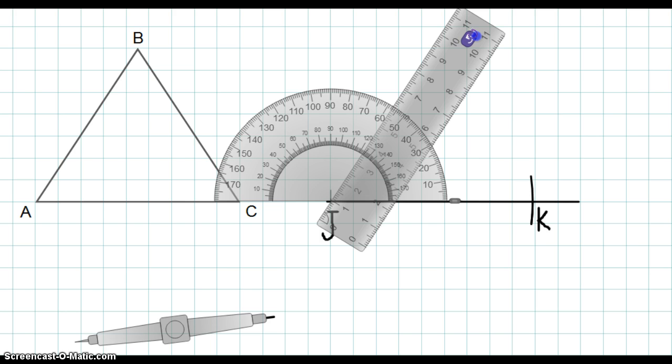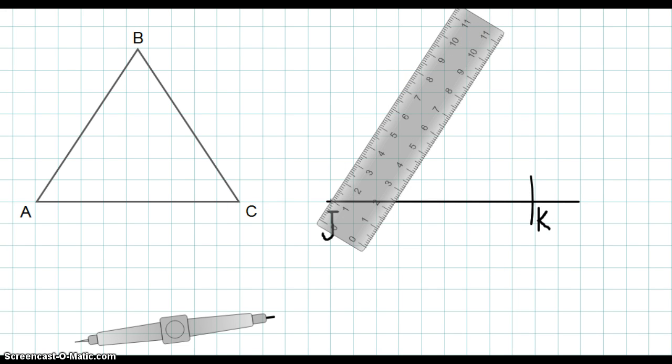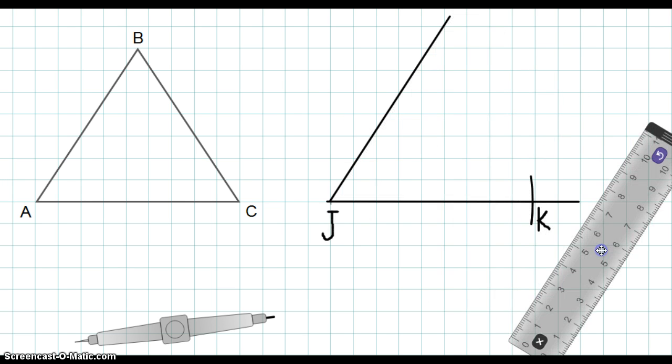So 63 degrees is right there. Okay, now let me try that again. So I'm going to draw a line, and I think this time it looks better. Yep. So now angle J is 63 degrees.